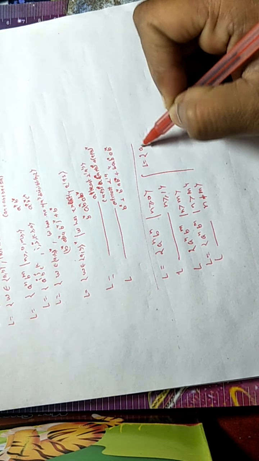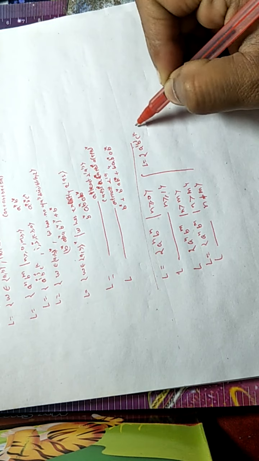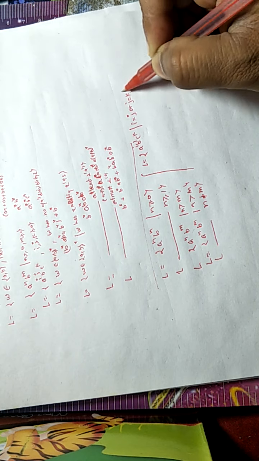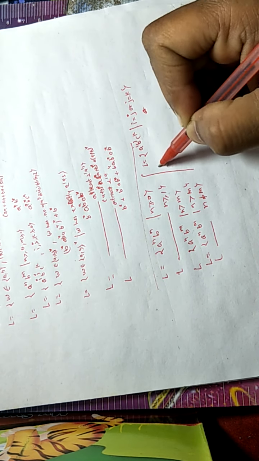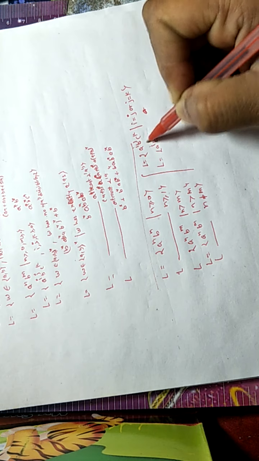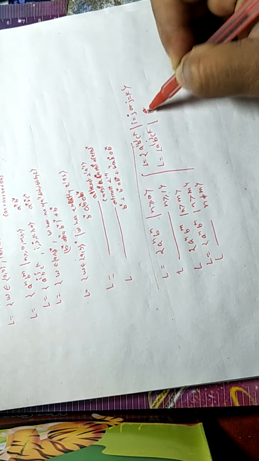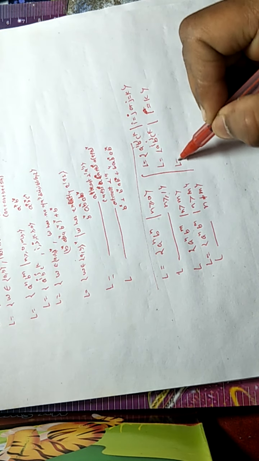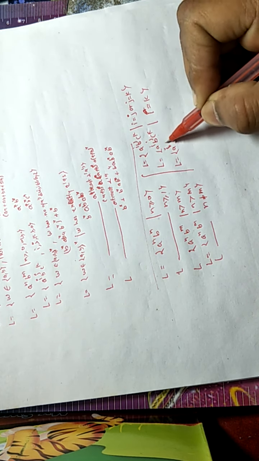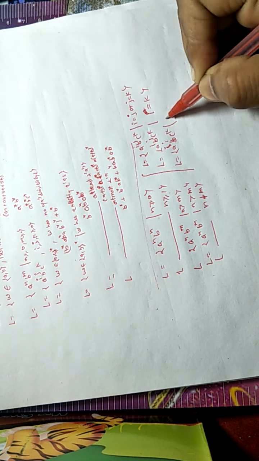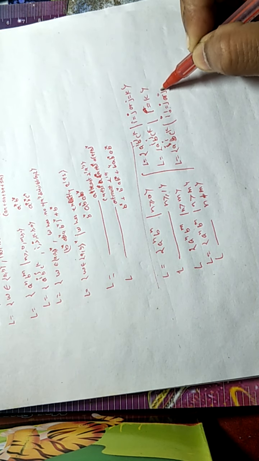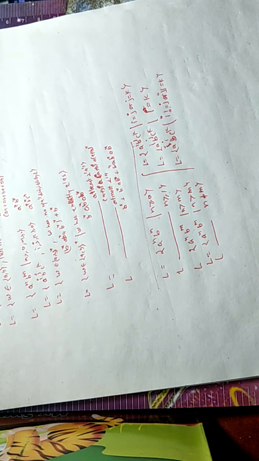L is equal to a raised to power i, b raised to power j, c raised to power k, i equal to j or j equal to k, and a raised to power i, b raised to power j, c raised to power k, i equal to k, and a raised to power i, b raised to power j, c raised to power k, where i not equal to j or j not equal to k or i not equal to k.